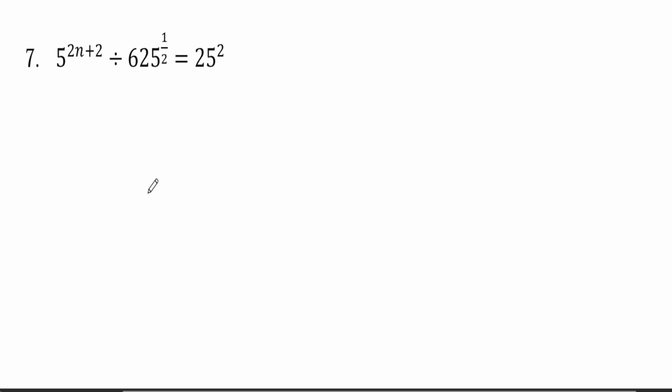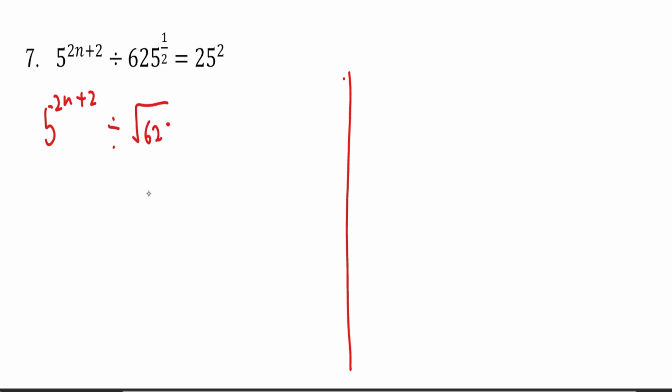This one, another question: 5 to the power of 2n plus 2 divided by 625 to the power half. Now 625 to the power half can be written as the square root of 625, because we've already studied this: anything raised to a fractional power, the m becomes your power and the n becomes your root. So 2 is just the square root.